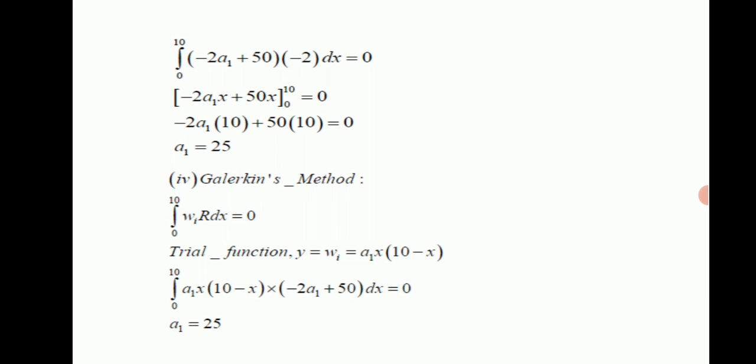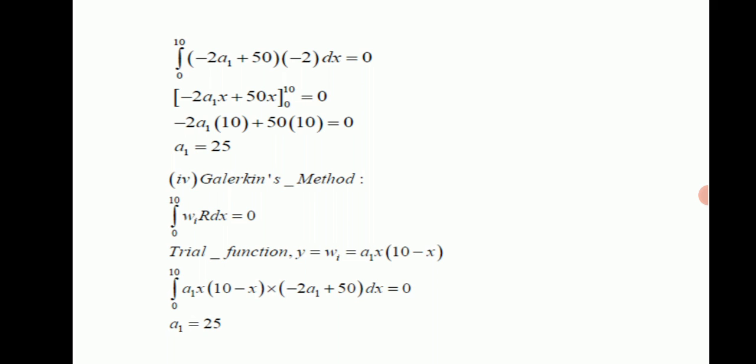So integral of 0 to 10 of minus 2a1 plus 50 into minus 2 into dx is equal to 0. First we multiply the terms, giving minus 2a1x plus 50x, with limits 0 to 10. We put the upper limit first and the lower limit next, and we get the same answer, a1 is equal to 25, in this method also.